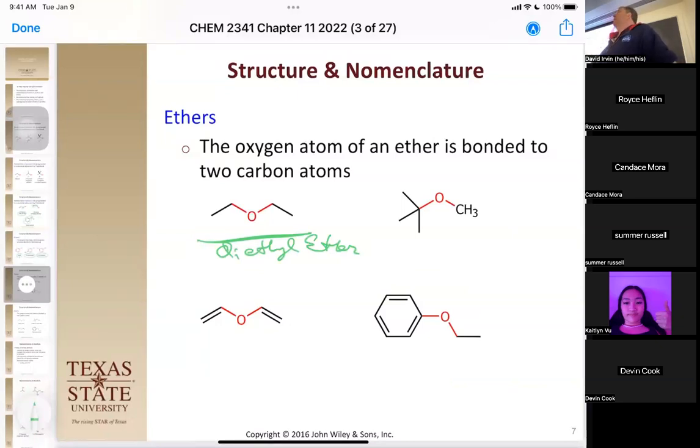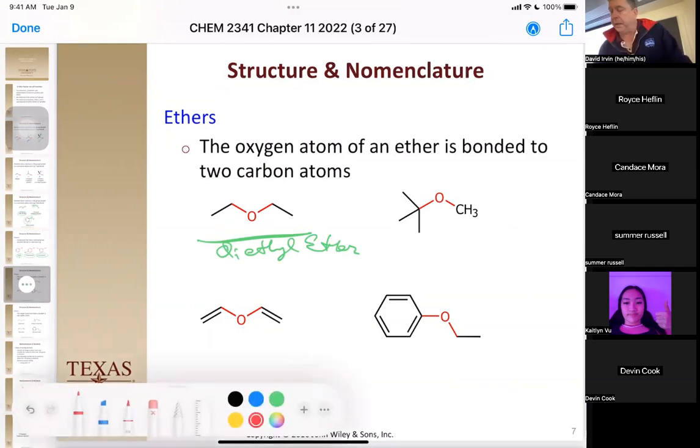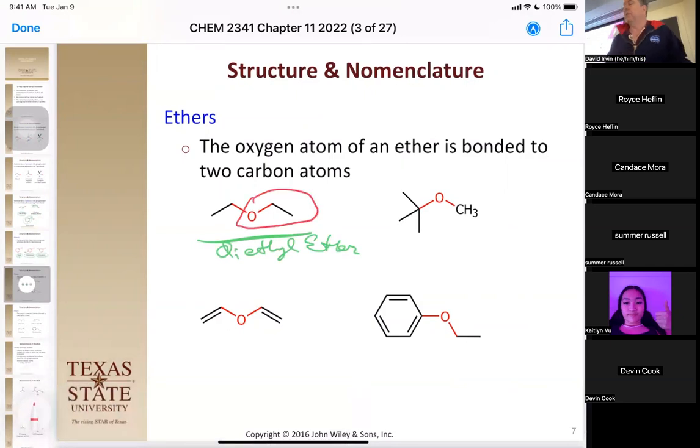But what would it be if we were naming it IUPAC? Okay, ethers are always substituents. So that means we have to break the molecule up and say, this is our substituent. So what's our parent? Our parent is ethyl, right? So it's ethane. We have to name this substituent now because ethane is its parent.